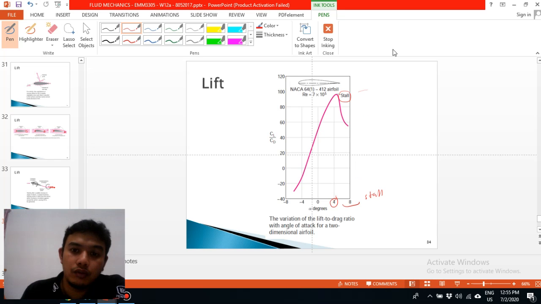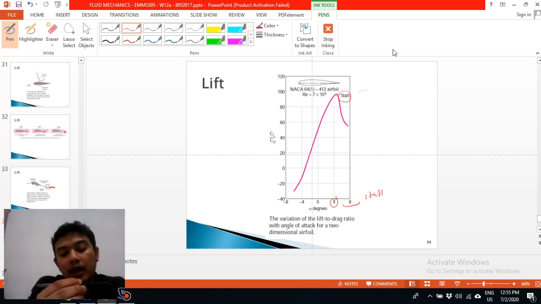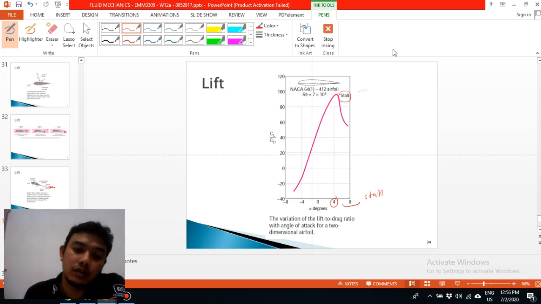So we need to understand that when you keep on increasing the angle of attack of the wing, there is one angle of attack which we call the stall angle. After the stall angle, it no longer produces good lift and there is more drag. So you need to know each wing has a different stall angle of attack. A higher stall angle of attack is better than a lower stall angle of attack.